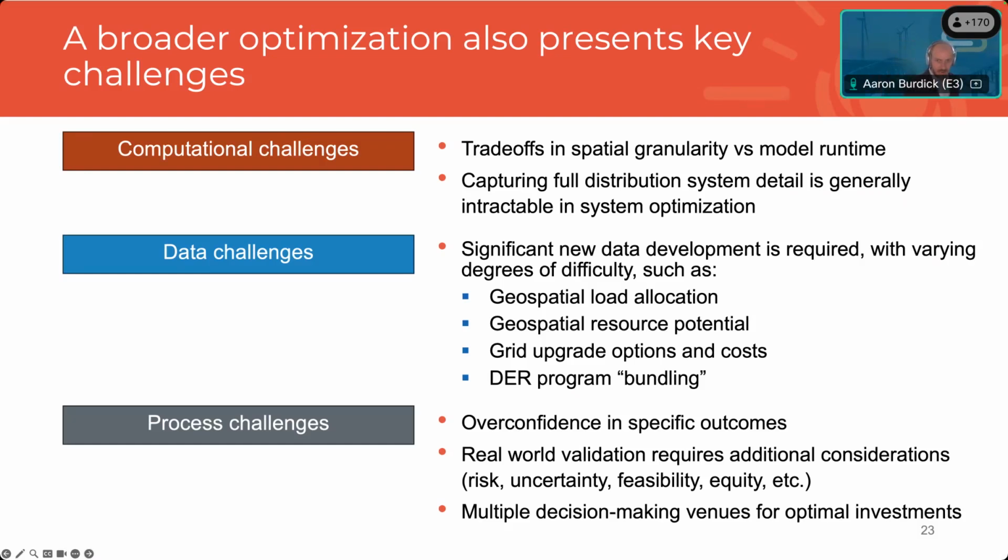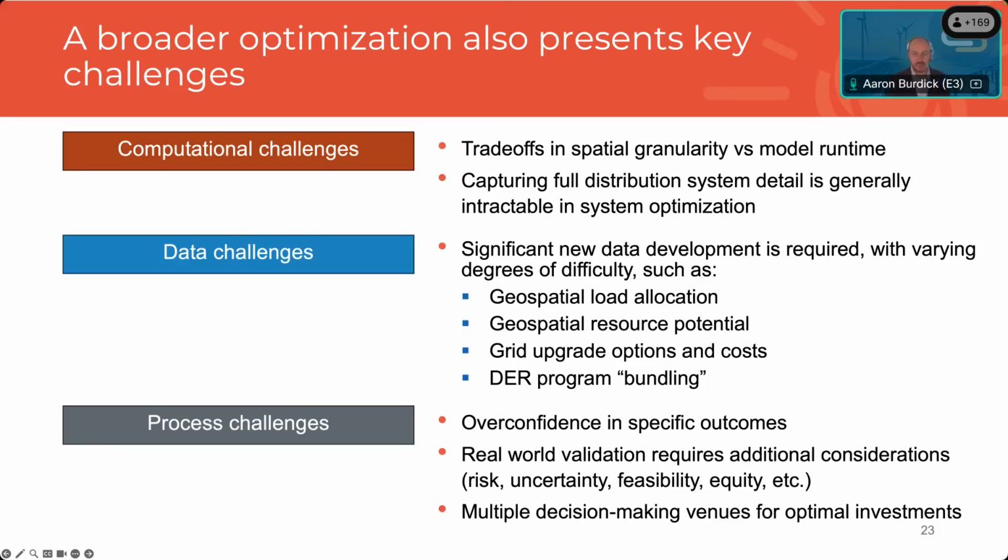So can you actually build a new transmission line where a model might think it is cost effective, as well as ways that you may need to aggregate DERs, of the thousands of potential DERs, to make it a tractable set of modeling inputs. And then aside from some of the technical challenges, there are also process challenges.